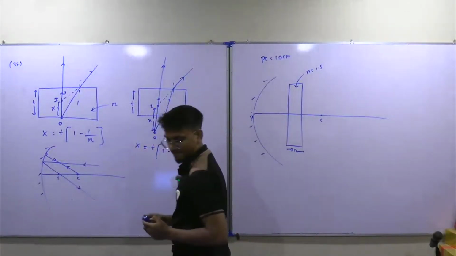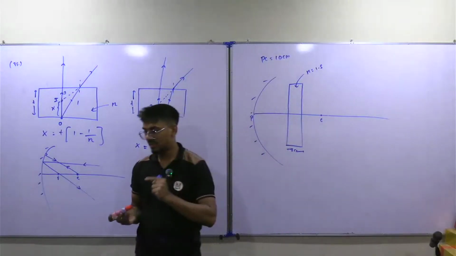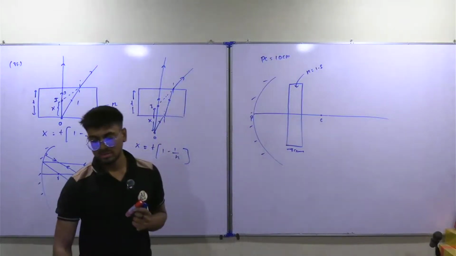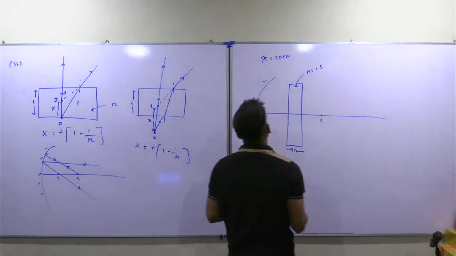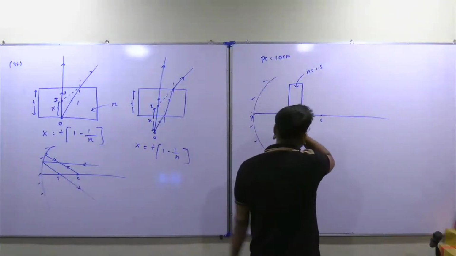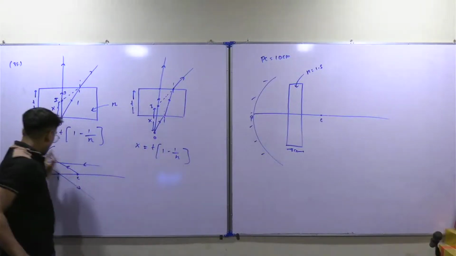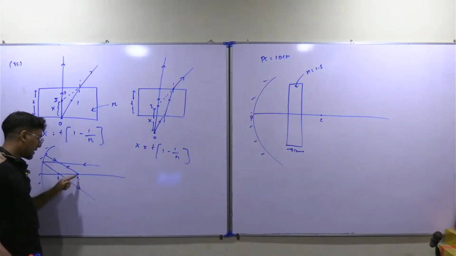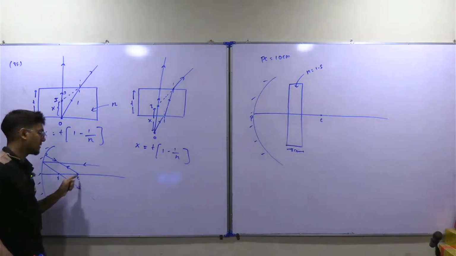For the image to coincide with the object, can you remember for a concave mirror, if you place the object at C, the image will coincide with the object, right?